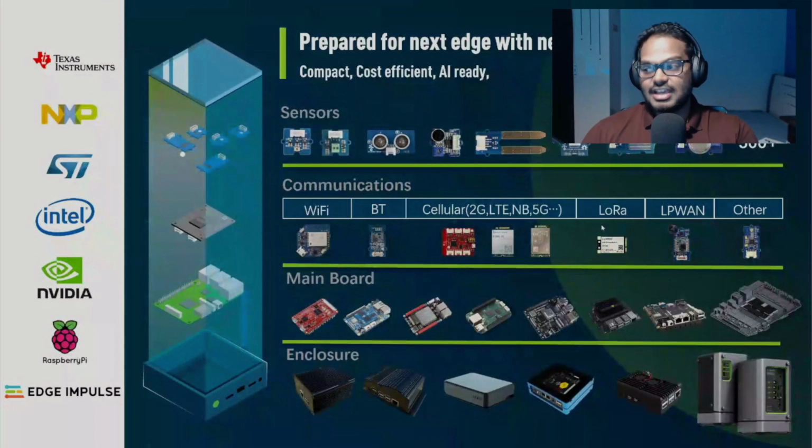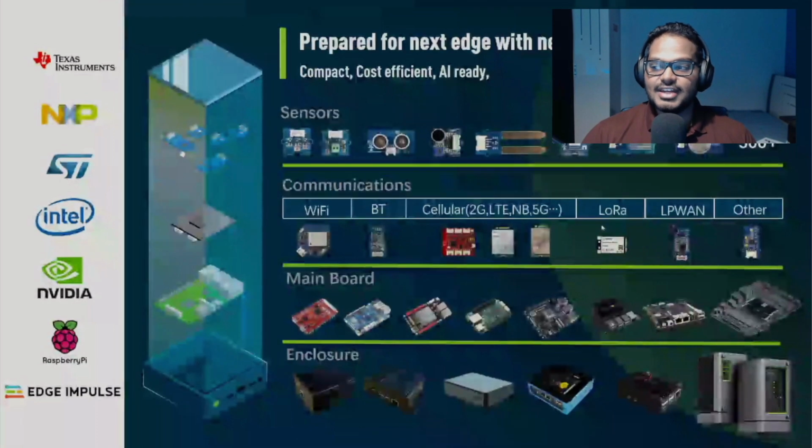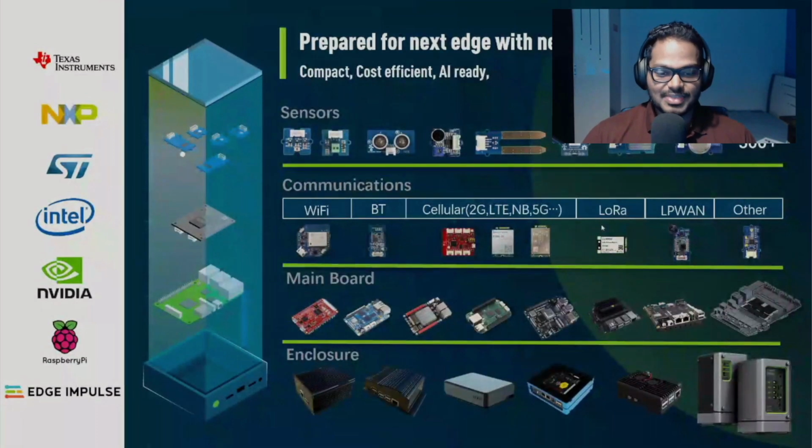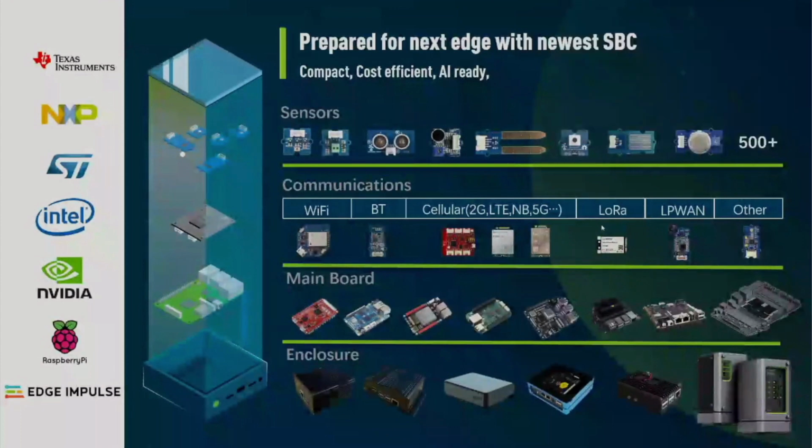We also have main boards: microcontroller units, single board computers, x86 based boards, and also the NVIDIA Jetson powered devices. For all these main boards, we also manufacture enclosures where you can put the boards inside and make them industry grade, so they can withstand harsh environmental conditions.